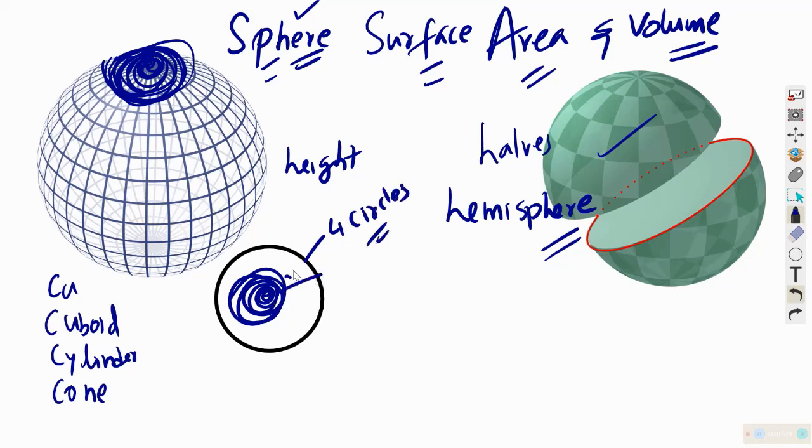And we know the radius of this, and the radius is equal to this. So if this is pi r square, the 4 circle will be 4 into pi r square. Thus the formula is 4 pi r square practically.